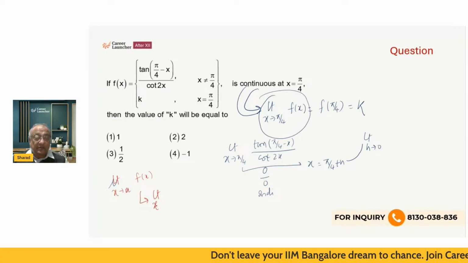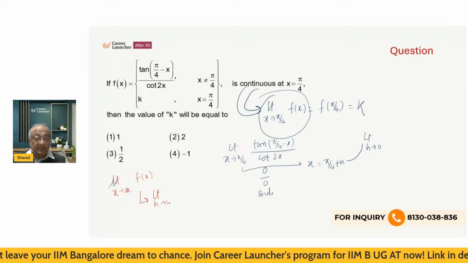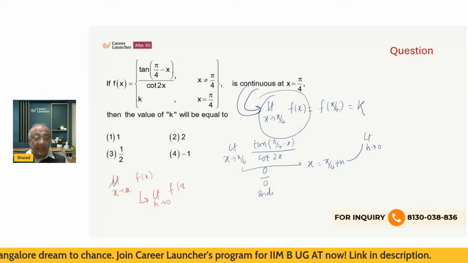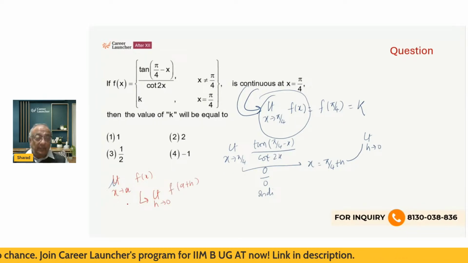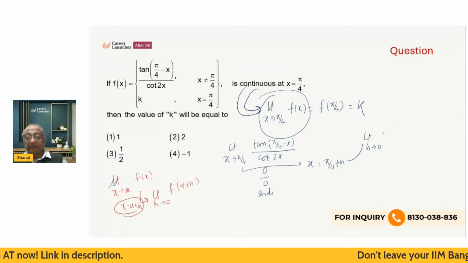Please try this trick. Convert this x tends to a limit into limit h tends to 0 by doing this transformation, putting x is equal to a plus h. This most of the time will work.